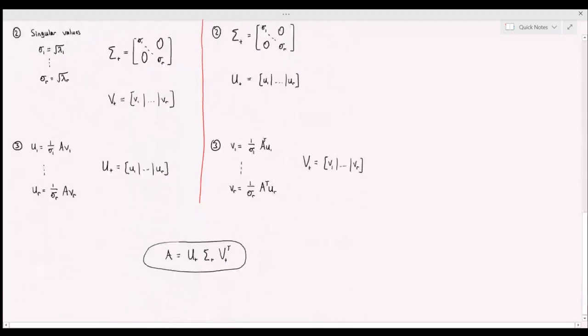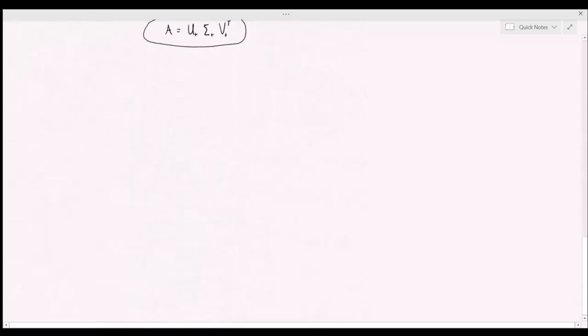All right, so I'm going to do some examples right now. I'll do 2 examples of calculating a reduced SVD. So let's see here. I'm going to start with a 3 by 2 matrix A. A is 3, 1, 1, and then 1, negative 3, and 2.